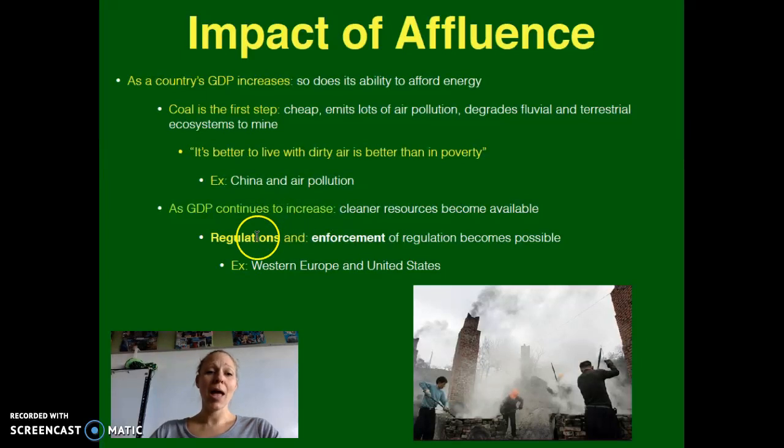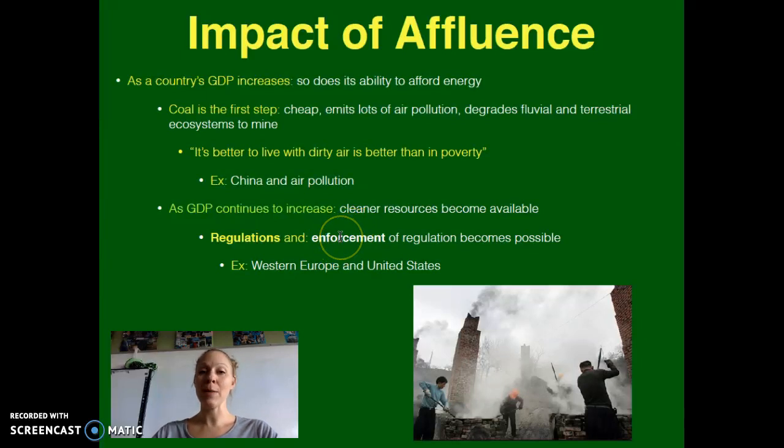And so as the affluence increases, so does the amount of regulations to not permit people to pollute. And then regulations are helpful, however, they are meaningless if you don't have enforcement. And so affluence tends to also go alongside enforcement.